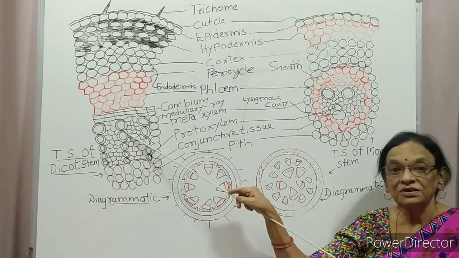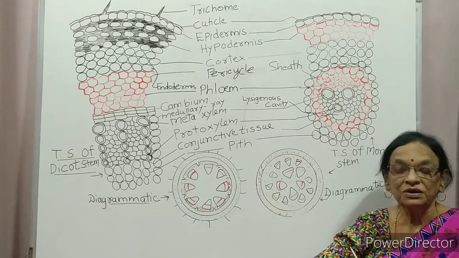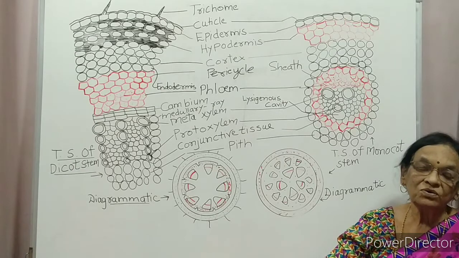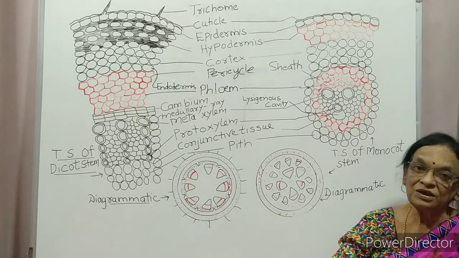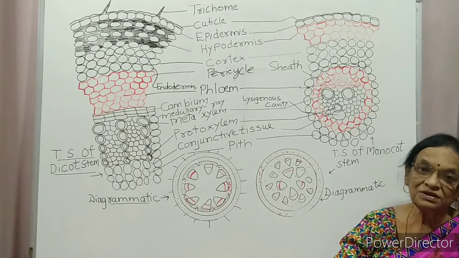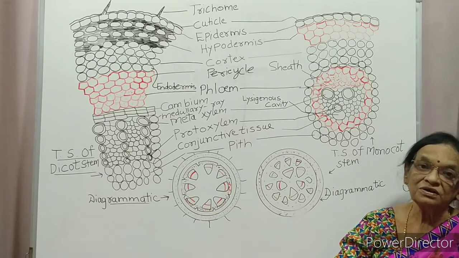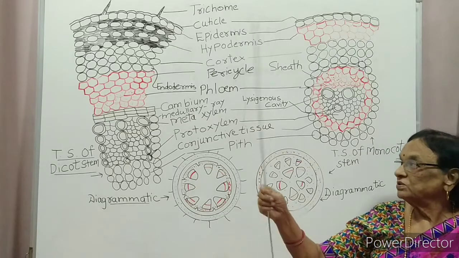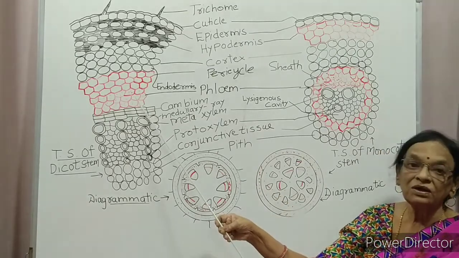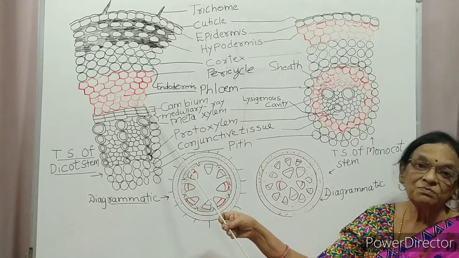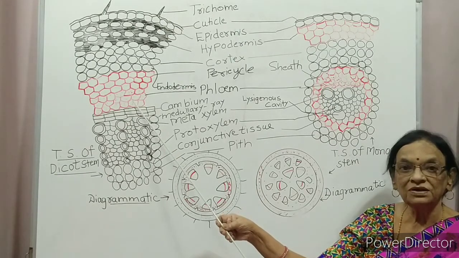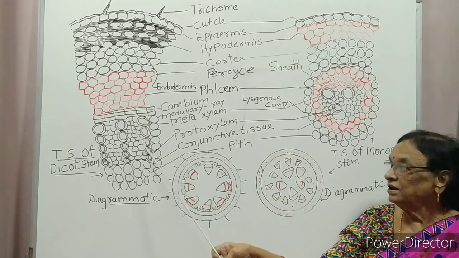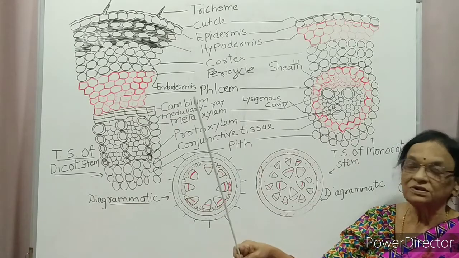You have studied that such a vascular bundle, where phloem is towards the outside and xylem towards the inner side, is called collateral. So in the dicot stem, vascular bundles are collateral.